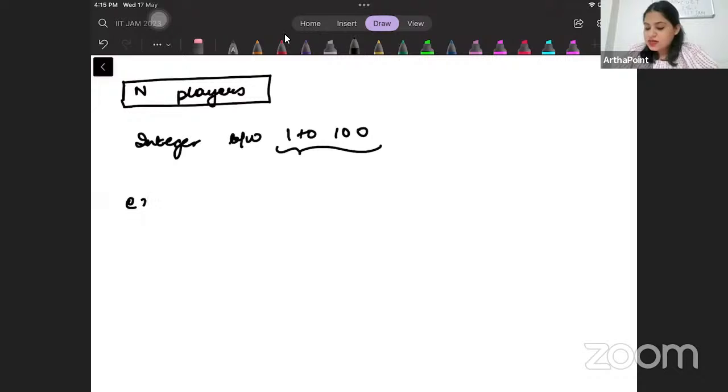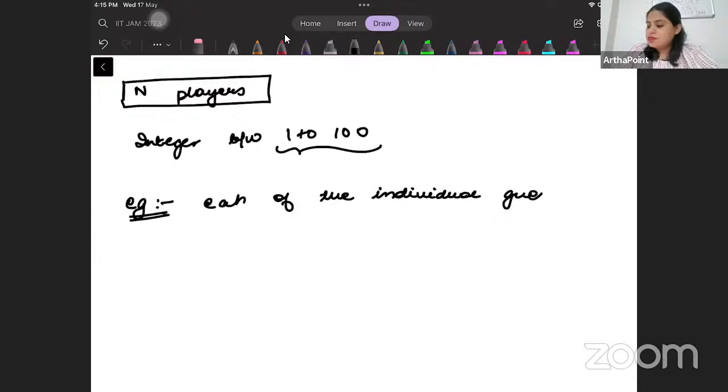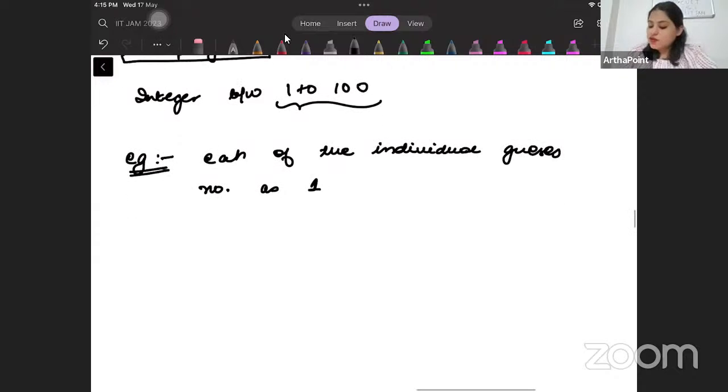So let's say that each of the individuals, understand this very carefully, beta, guesses the number as 1. Each of the n players.